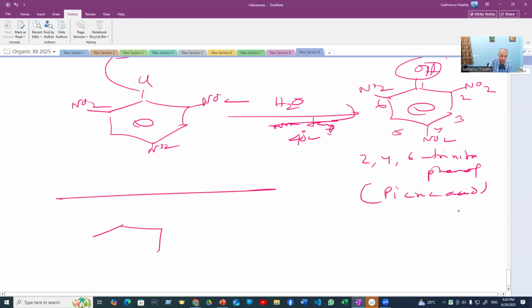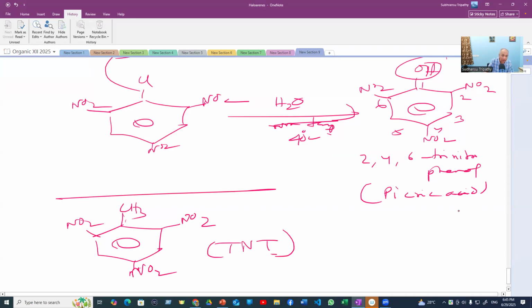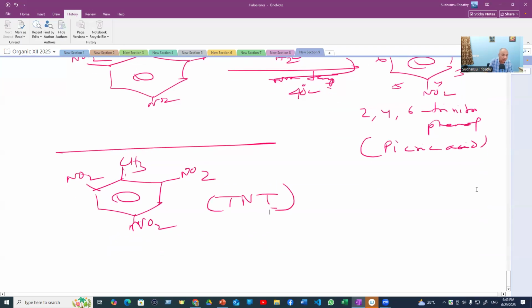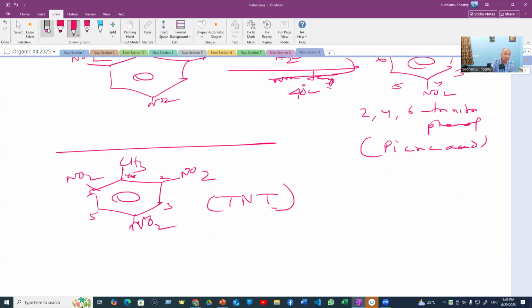But just for showing you, supposing you have 2,4,6-trinitrotoluene or TNT, as it is popularly called, but the IUPAC name is not TNT. Because here nitro and methyl are both type A groups, they do not have any functional group priority. So you have to start from here, 1, 2, 3, 4, 5, 6. So not 1, I'm so sorry.